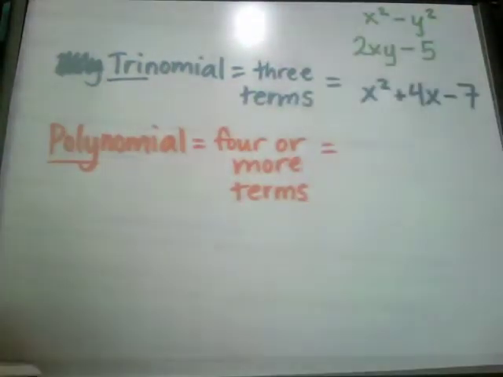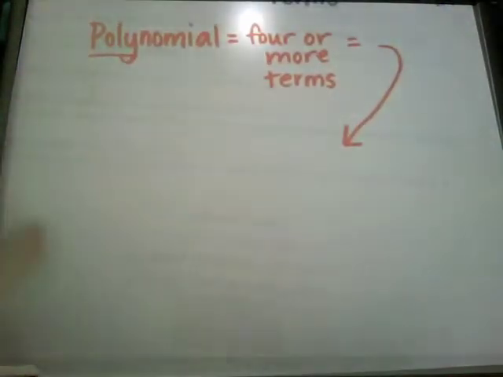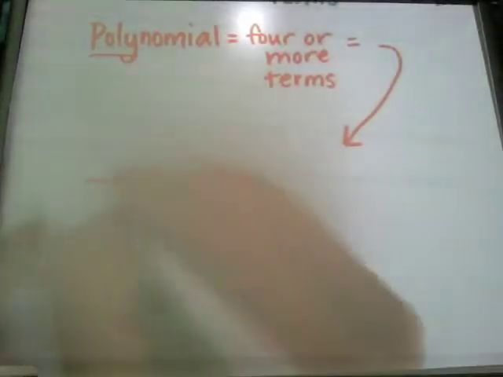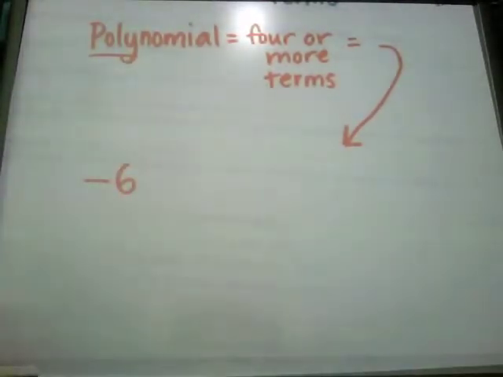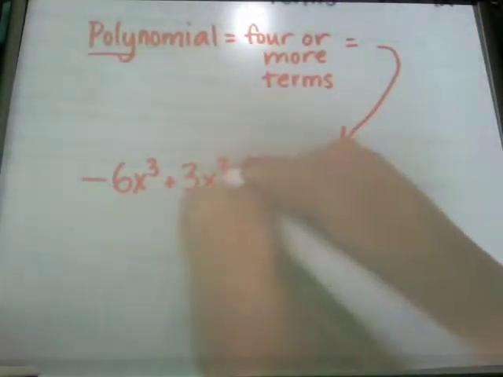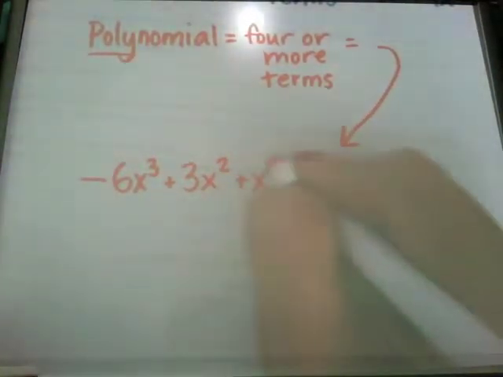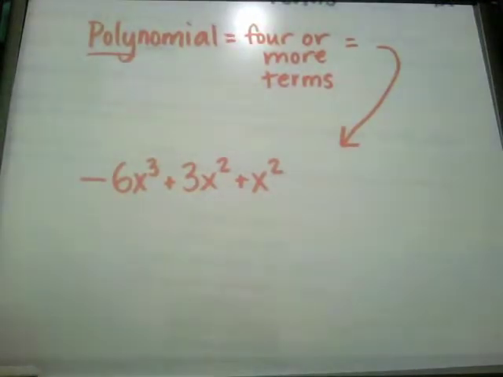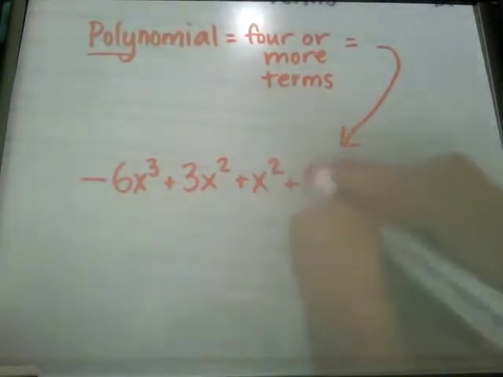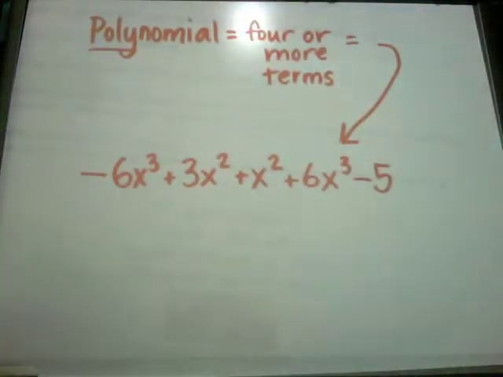Now, an example of a polynomial, let's do it as our first problem because it's going to be kind of long, so I don't want you to have to write it twice. -6x cubed plus 3x squared plus x squared plus 6x cubed minus 5.